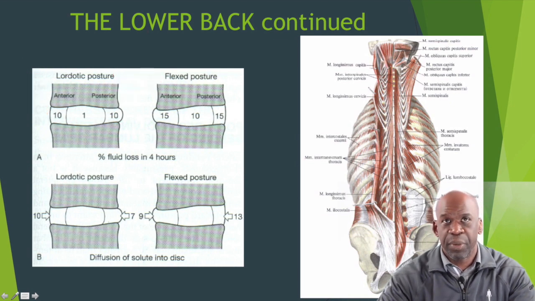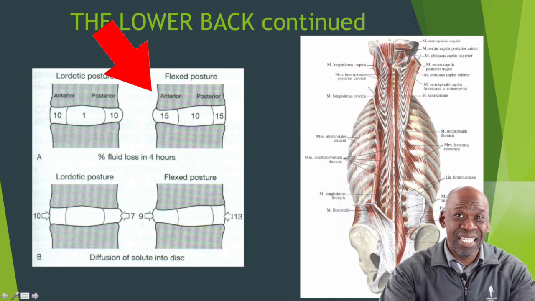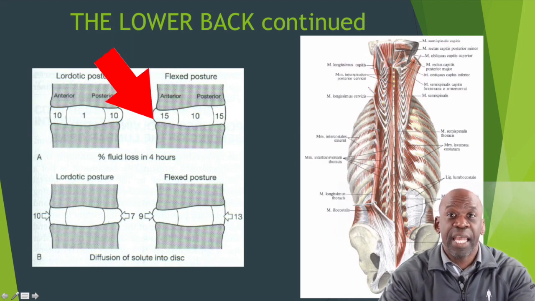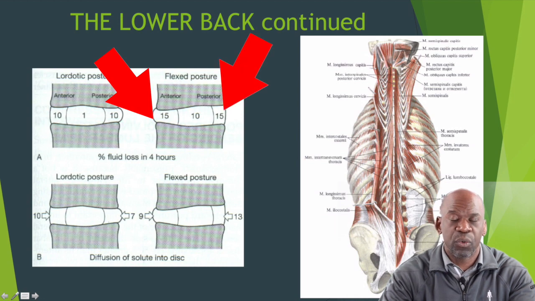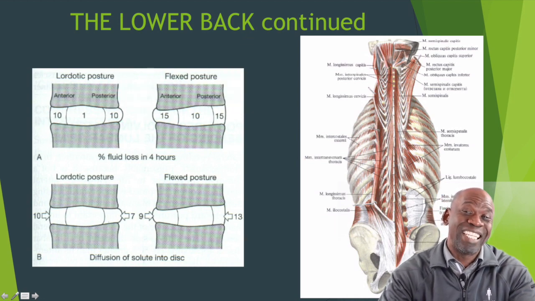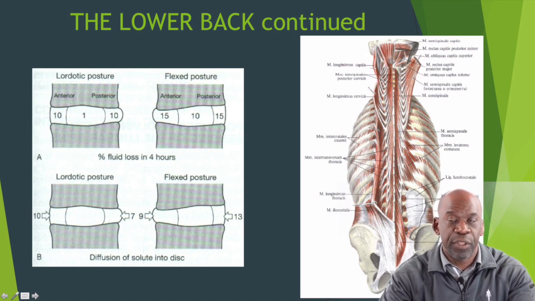And when we compare this to the amount of fluid loss that occurs as a result of the forward flexed posture, we can see that the amount of fluid loss is increased substantially. And that's just because this position puts an additional level of stress on the disc, and so the amount of fluid loss is increased over a given period of time.